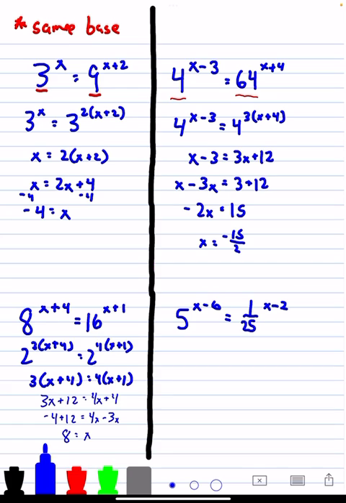And now on this very last problem, I want to do this. This is 1/25. But listen, we can still write this with a base of 5. Just remember our rules concerning the reciprocals. So this is 5 to the x minus 6. Remember, 5 to the second power was 25, but since it's 1 over 25, that's going to be 5 to the negative 2.